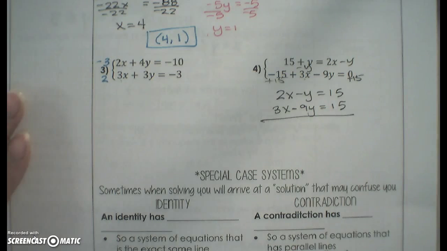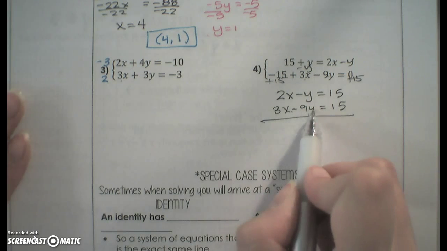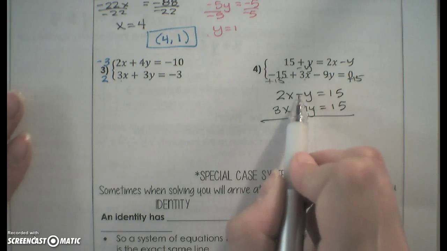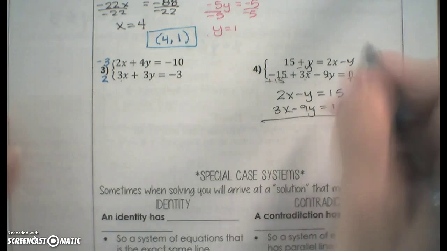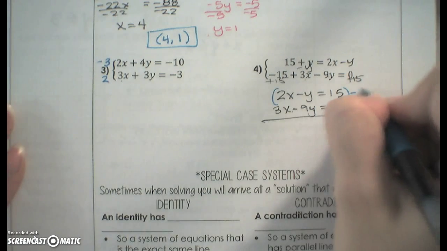So now let's look to see what could cancel. Well, I have a negative 9y, and I could make this a positive 9y by multiplying by negative 9.